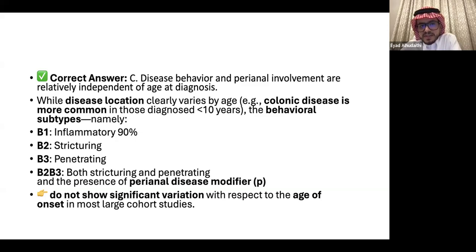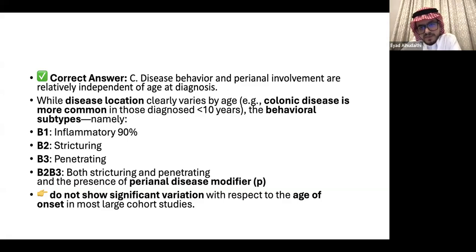While disease location clearly varies by age, like colonic disease is more common in those diagnosed less than 10, the behavioral subtype, namely B1 is inflammatory, 90%, B2 is stricturing, B3 is penetrating, and the presence of perianal disease modifier, doesn't get affected by age.